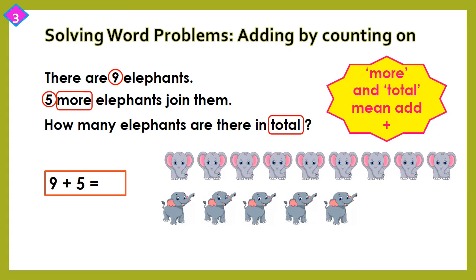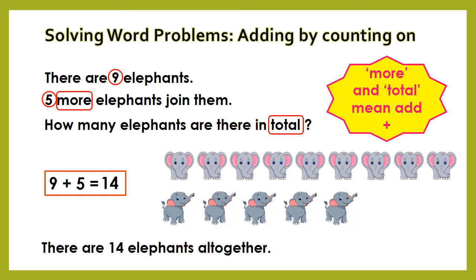Now let's start counting on from 9. 9, 10, 11, 12, 13, 14. 9 plus 5, the answer is 14. Therefore, there are 14 elephants altogether.